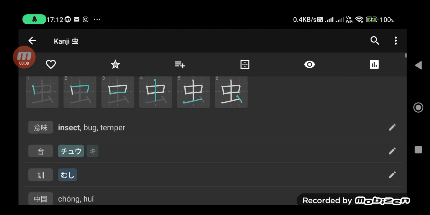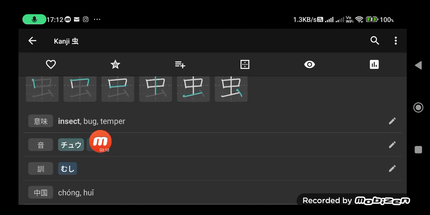Okay, continuing, imi: insect, bug; temper is just a derived secondary meaning.